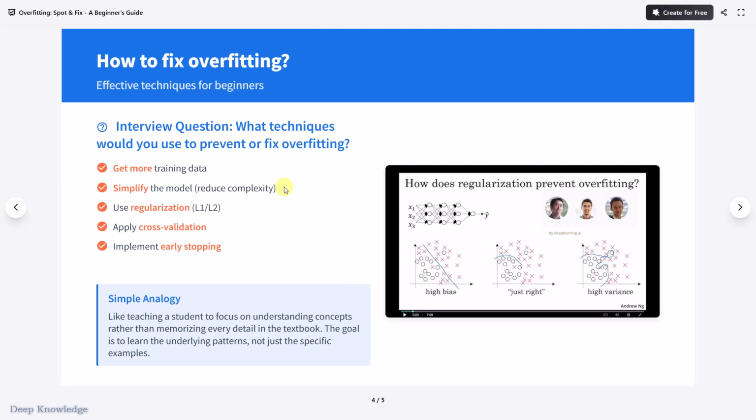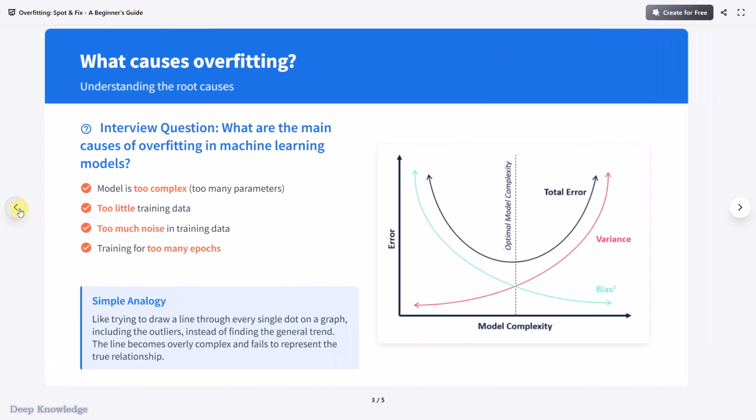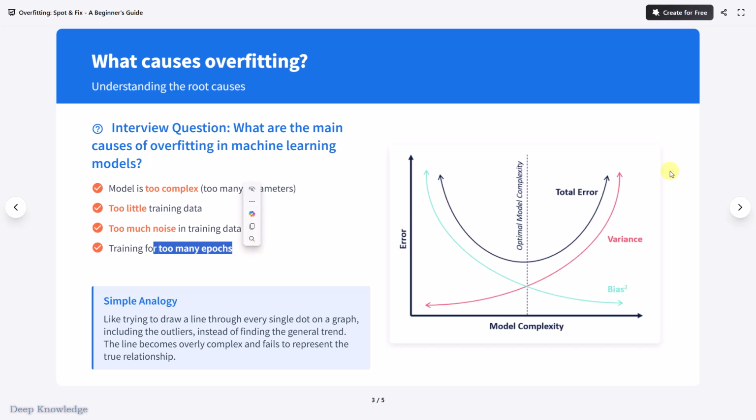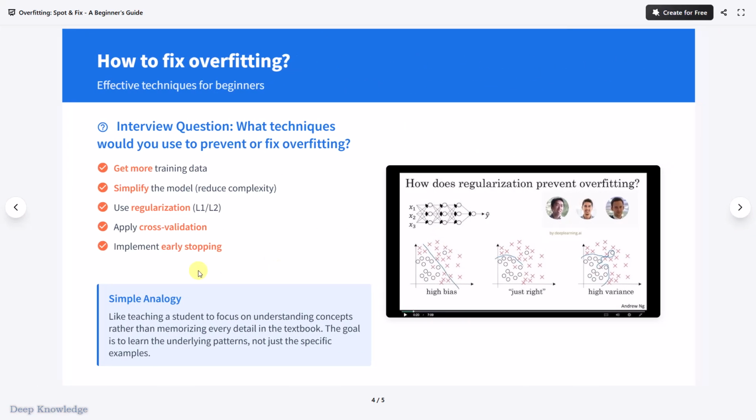Also apply cross validation to avoid overfitting. And as we saw in the previous slide, if we train for many epochs, the solution is to implement early stopping. When we see the model is trying to overfit, with a big gap between the validation and training loss, we stop the training.